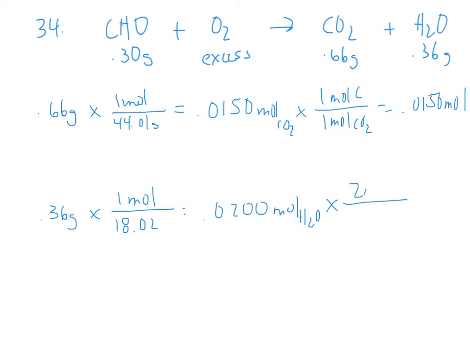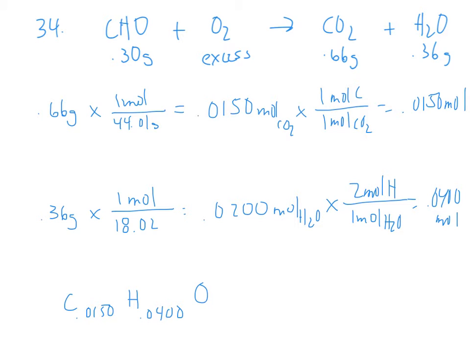And now I have to remember that I get 2 moles of hydrogen from a mole of H2O. So I double this to 0.0400 moles of hydrogen. So I have my first 2 molar amounts to calculate my empirical formula. My problem is that I still need something to plug in for oxygen.